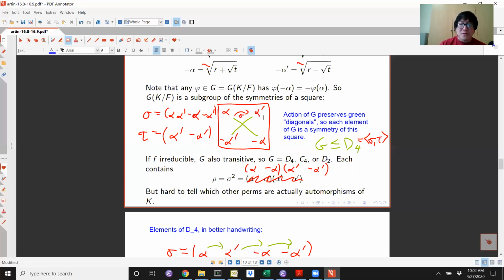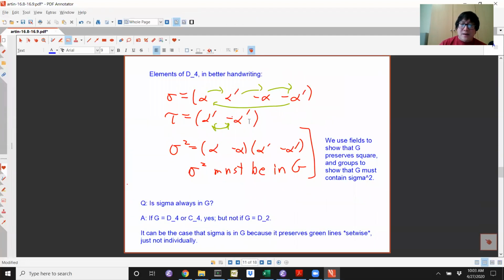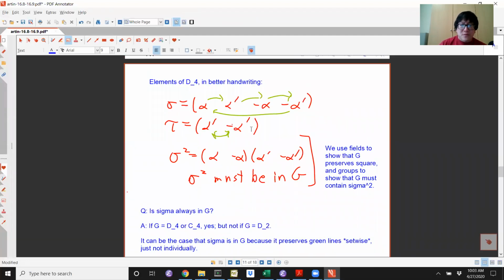So sigma preserves the green lines as a set, and that's all this guarantees you up here. It tells you that each pair of negatives is sent to some pair of negatives, but it could be the other pair of negatives. So Ravi, does that make sense as to why it's possible that sigma is in G, even though it's not necessarily in G for different cases?